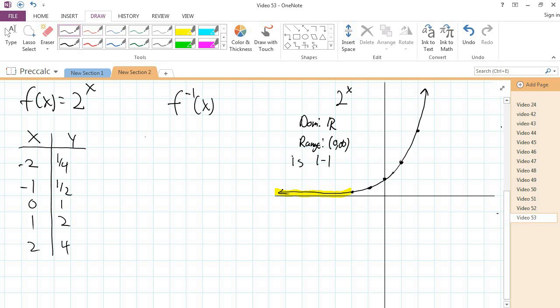Well, if you recall, to make an inverse, you just exchange all of the x and all of the y values. So instead of -2, -1, 0, 1, and 2 as my x's, these are my y values. And all of these y's become x values.